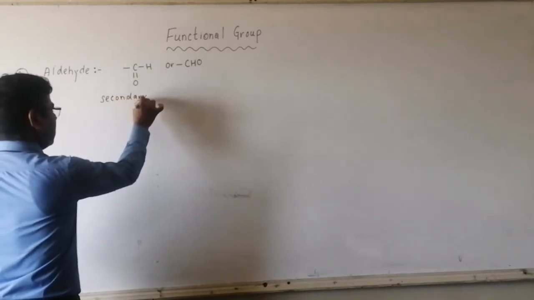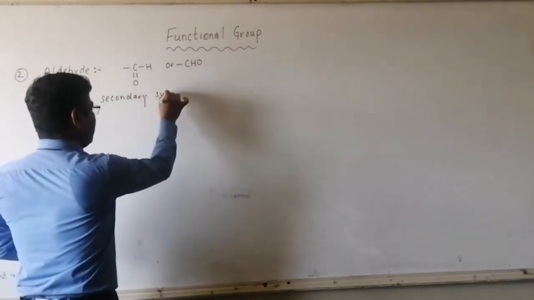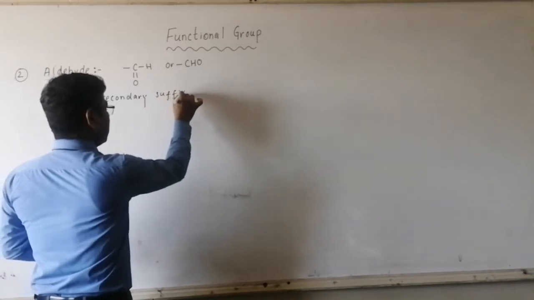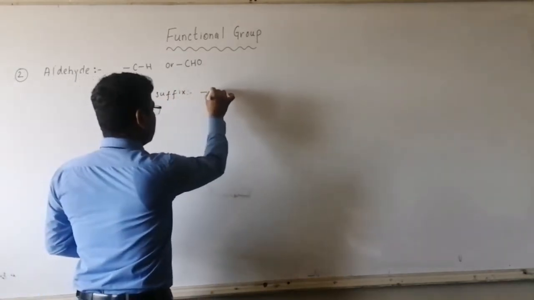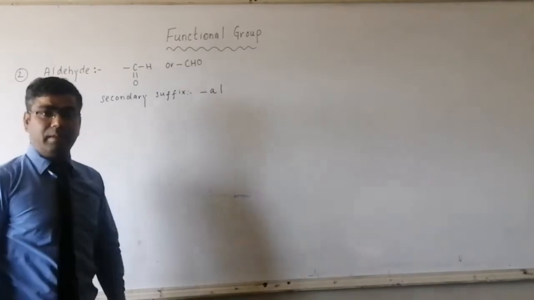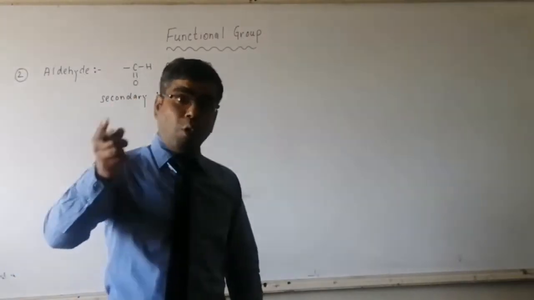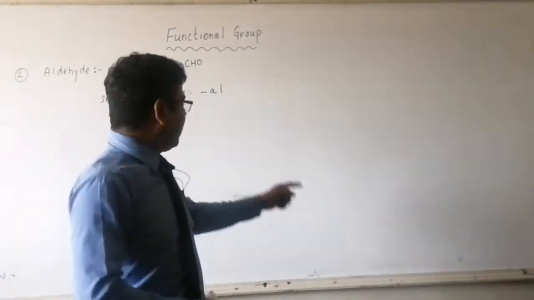So here, the secondary suffix used is -al. In alcohol it was -ol; here it is -al.